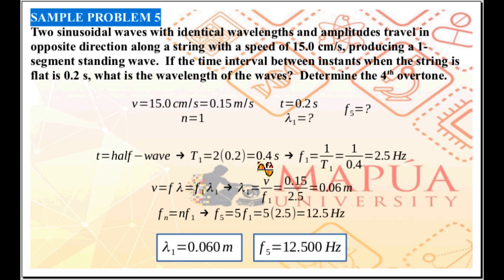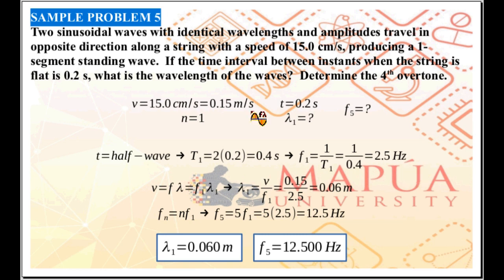T1, the period, is 0.4 seconds. And the inverse of the period is frequency. You have T1, so F1 is equal to 1 over T1, which will give us 2.5 Hertz. F1 is equal to 2.5 Hertz.